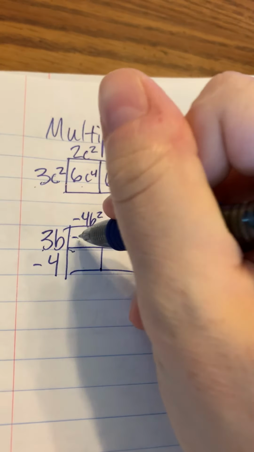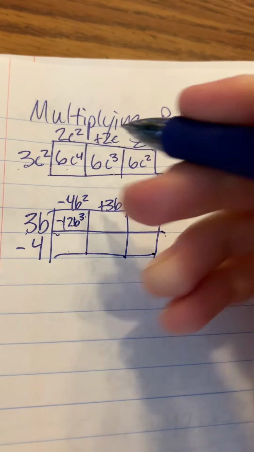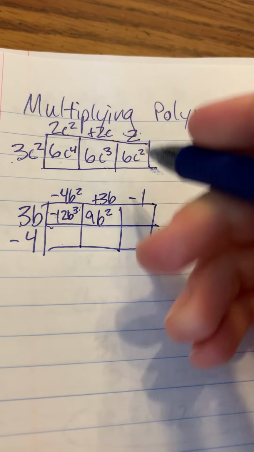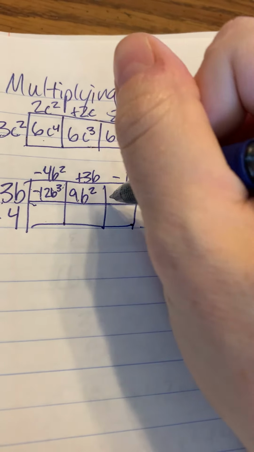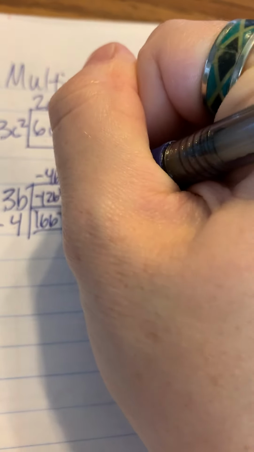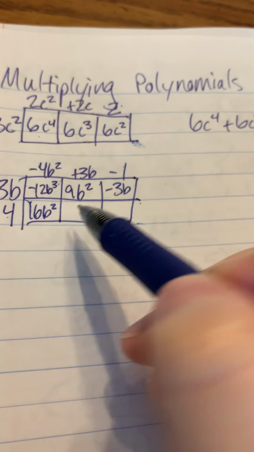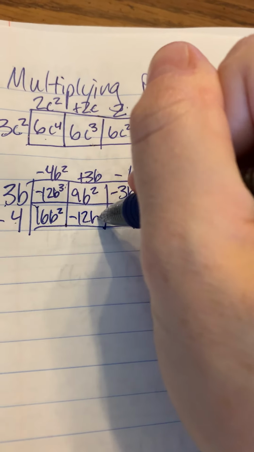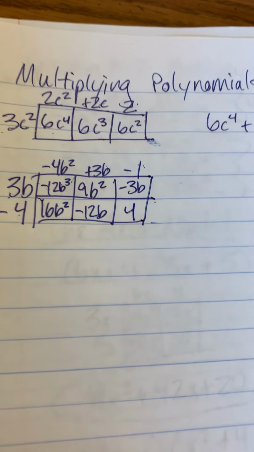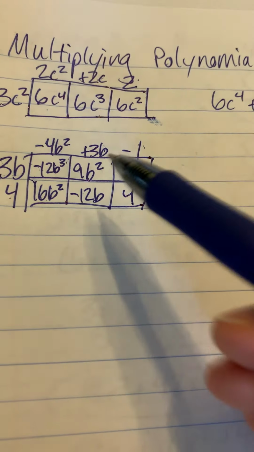That gives us negative 12b to the 3rd, 9b squared, negative 3b, positive 16b squared, negative 12b, and positive 4. You write your answer, you've got to combine like terms.